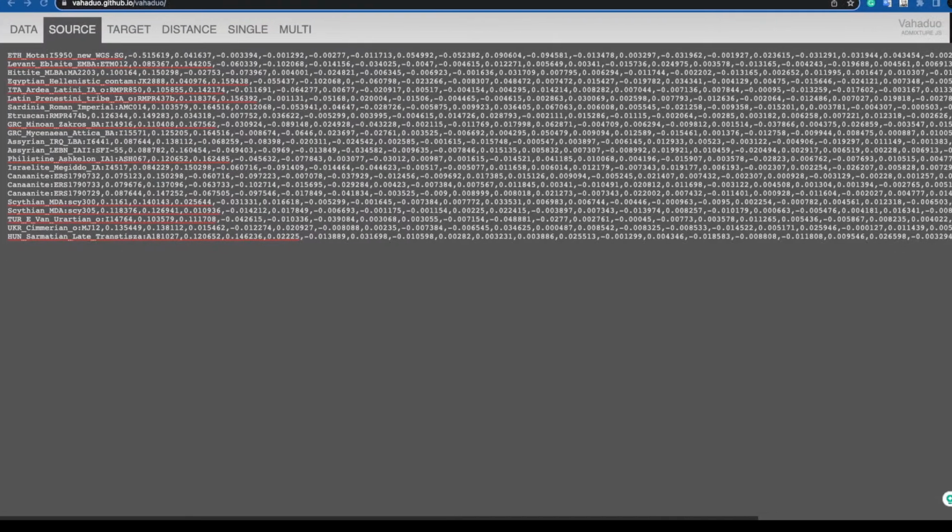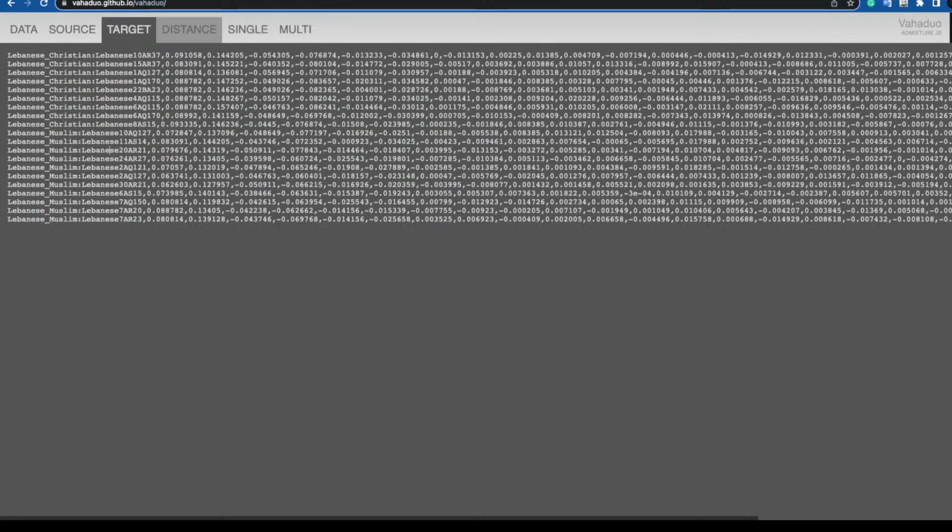We have the Ethiopian Mota sample, the Ebla sample from the early Middle Bronze Age, Hittite, Middle Late Bronze Age, Egyptian, Hellenistic, Latini Iron Age, Philistine, Iron Age Sardinia, Roman Imperial, Etruscan, Minoan, Mycenaean, Assyrian, Bronze Age Syrian, Lebanese Iron Age 2, the Philistine sample, the Iron Age Tel Megiddo sample, Canaanite samples, Scythians, Raetians, Cimmerians, Sarmatians. Again, these are the samples for the Lebanese.